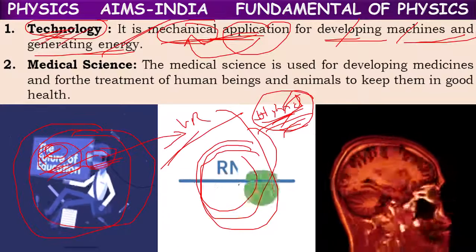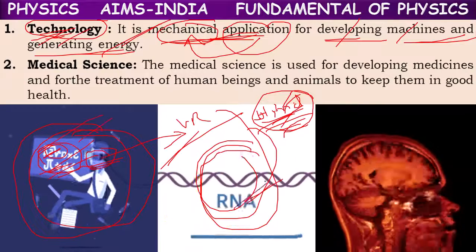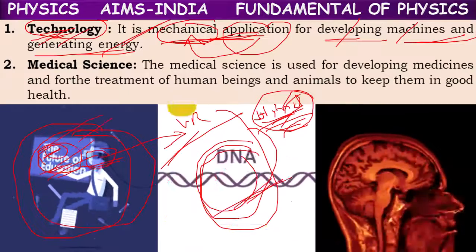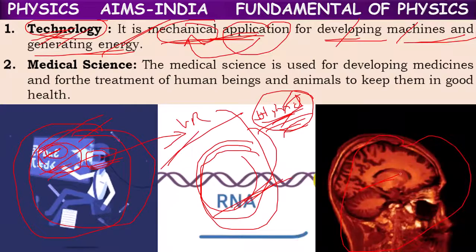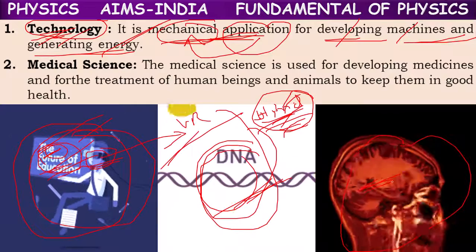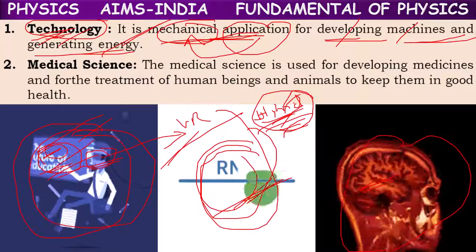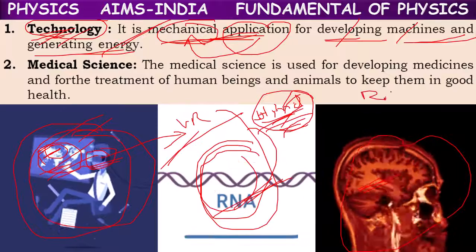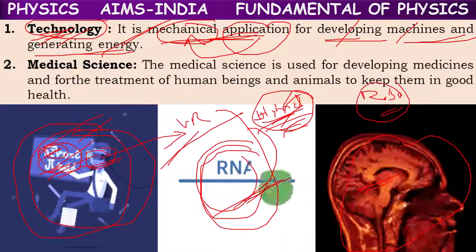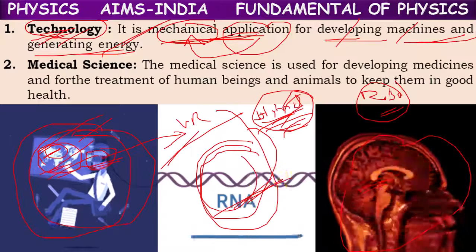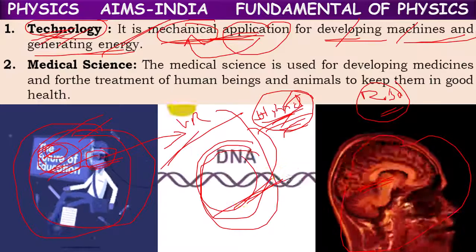New technology we can also apply to education, or we can apply to agriculture. Or like the human brain, how the human brain is thinking, they will observe that and develop robots. They develop robots for our comfort, or which can do complex operations.